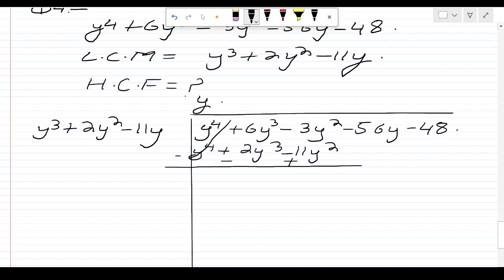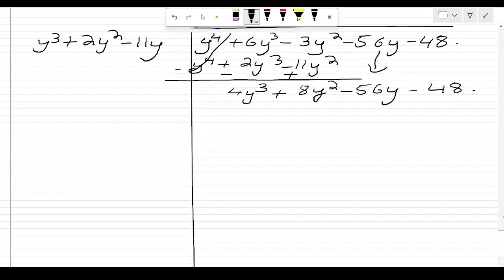So these both will get cancelled, and then we have 6y cube minus 2y cube, that is 4y cube, minus into plus is minus, but the sign will be plus, so that leaves us with 8y square. Now 56y will be dropped down, and so is negative 48.